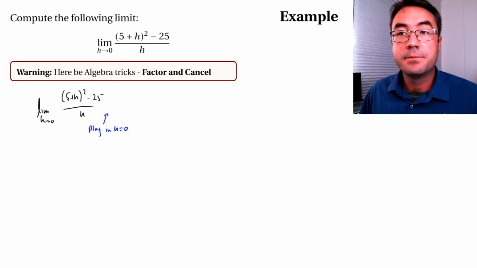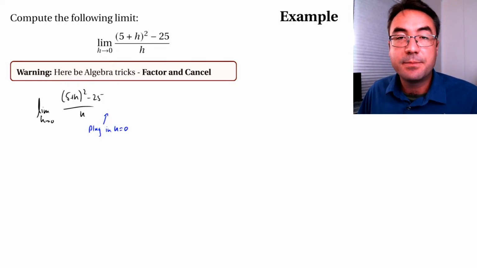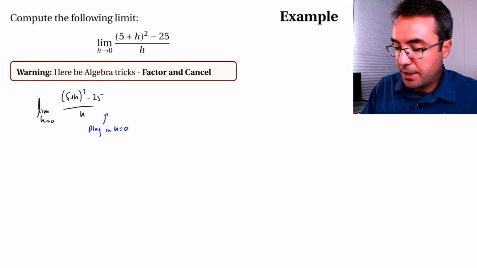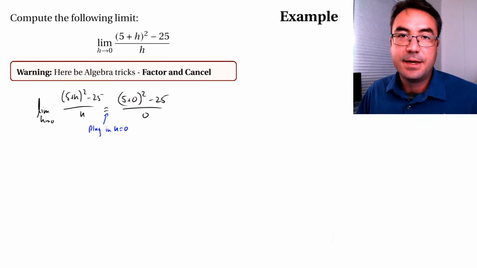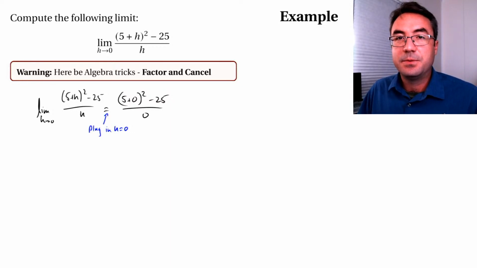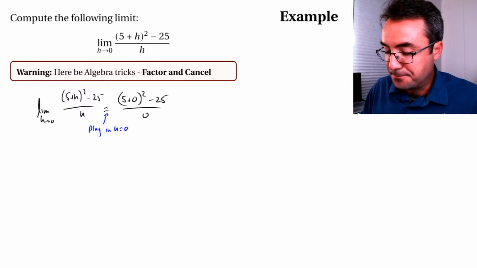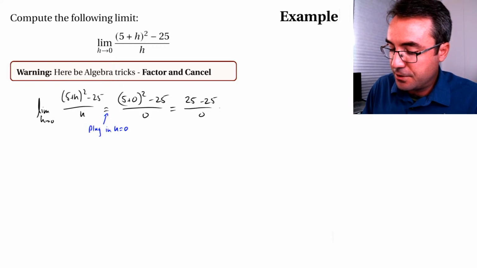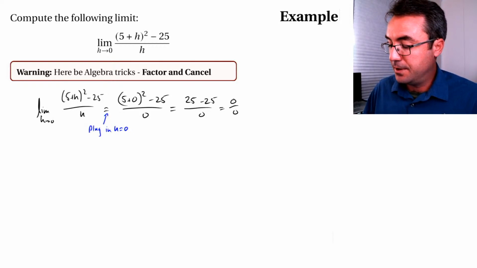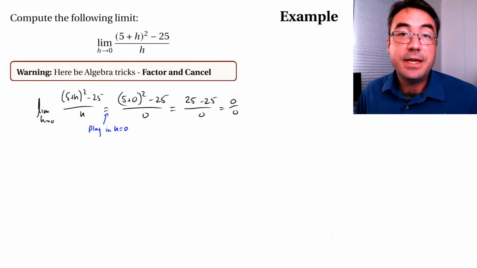If we get a number, good, we're done. If we get something that's undefined, then we have to do something different. So if we plug h equals 0 in, we get (5 plus 0) squared minus 25 all over 0. And it's not looking good. We see a 0 in the denominator. But let's just keep going. We get 25 minus 25 over 0. So we get 0 over 0, and that is our indeterminate form.